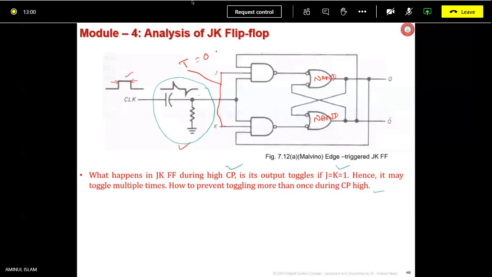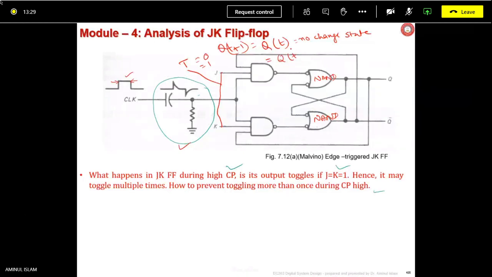Qt plus 1 equals Q. Better you should write T. No change state. If T equals 1, then what is Qt plus 1? Q bar. Yes, Q bar.